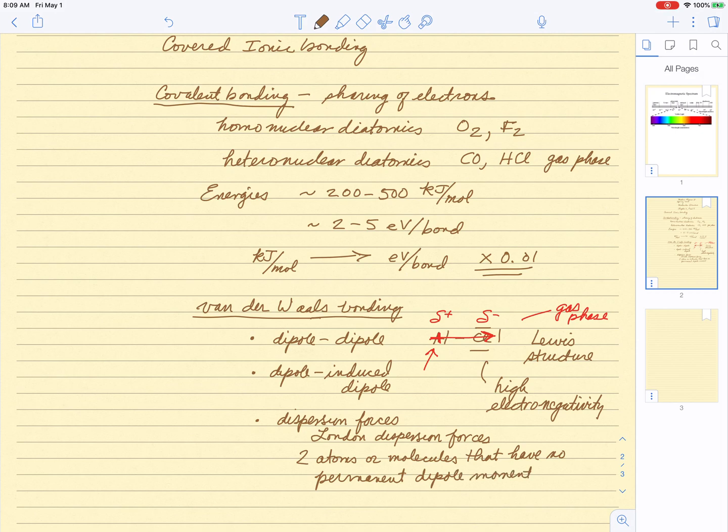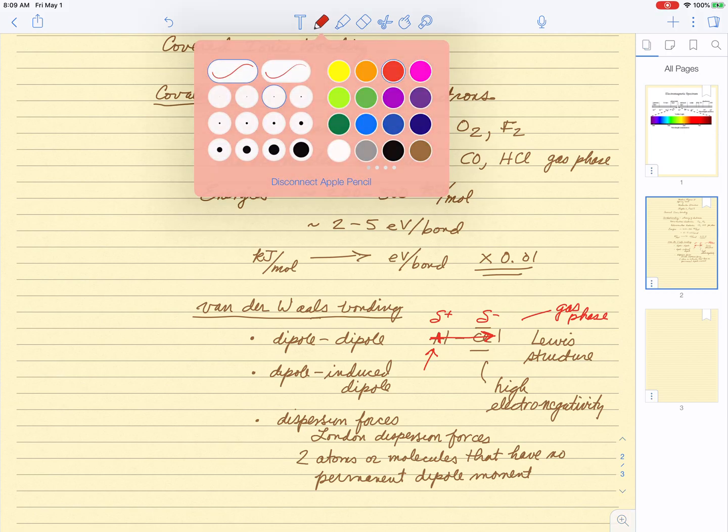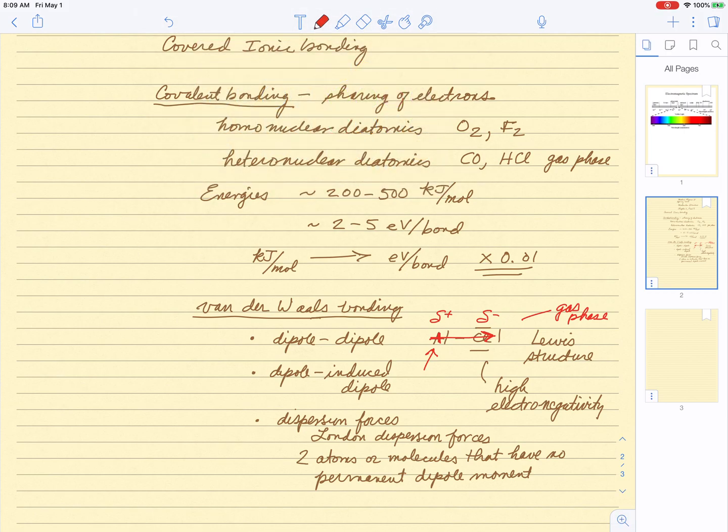And I should go back here actually. You guys may recall, I think we might have talked about this before, but if not, the dipole moment mu is equal to the magnitude of the charge on each atom here, times the distance of separation between the two.